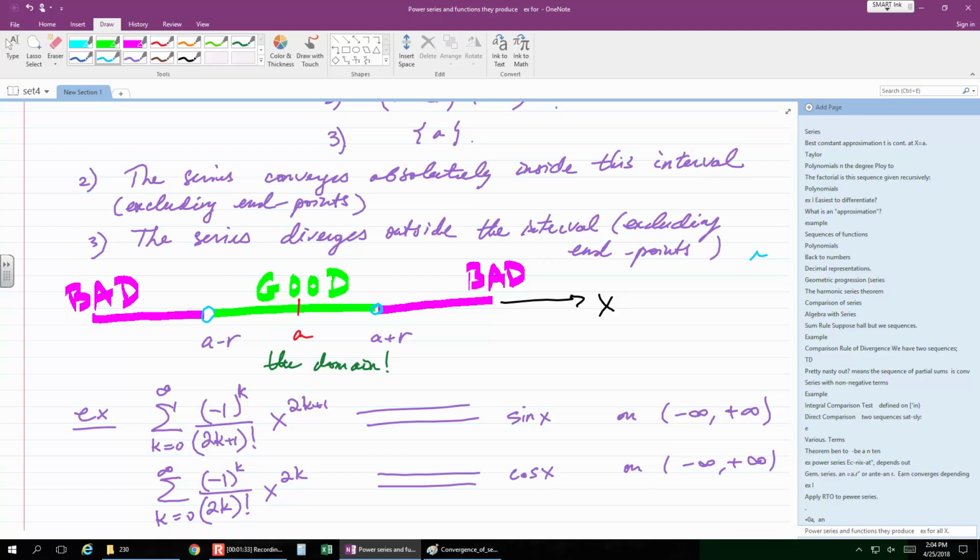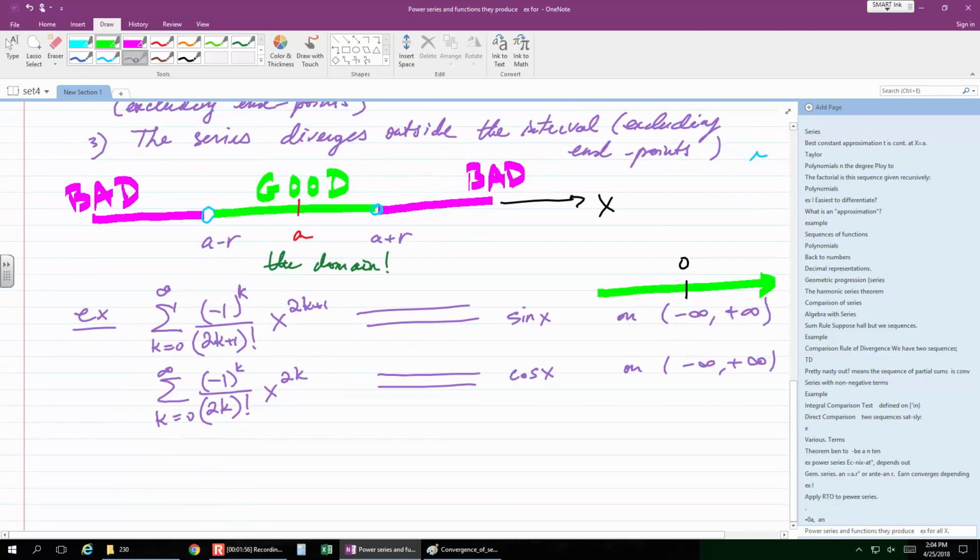A good interval around a is where everything is good. Outside it is bad, unless the interval is infinite, like with the sine and cosine. The infinite interval is wherever you put your center, it will go both ways to plus and minus infinity. That's what it means for a series to converge at every value of x.